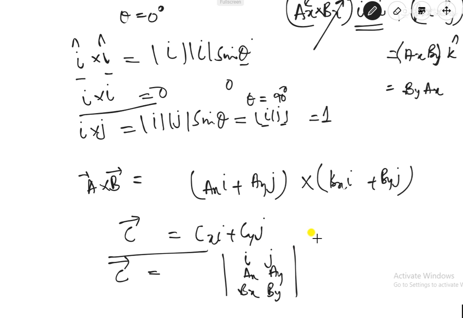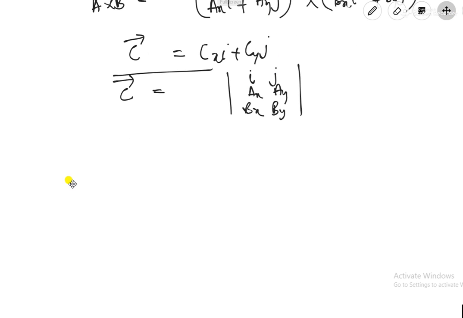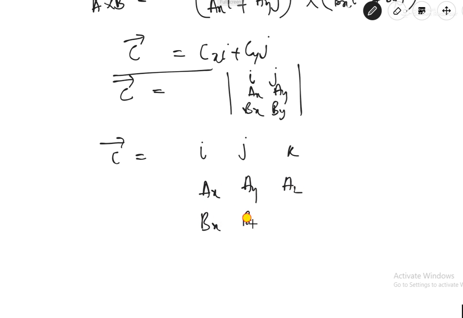Suppose we are going for a 3D matrix, then the 3D matrix is written as C. It means we are taking all components of three dimensions. C is equal to I, J, K, and this is Ax, Ay, and Az, and this is Bx, By, and Bz. This is the format.